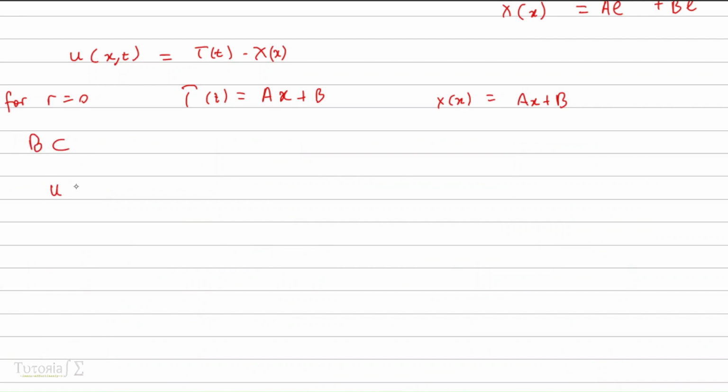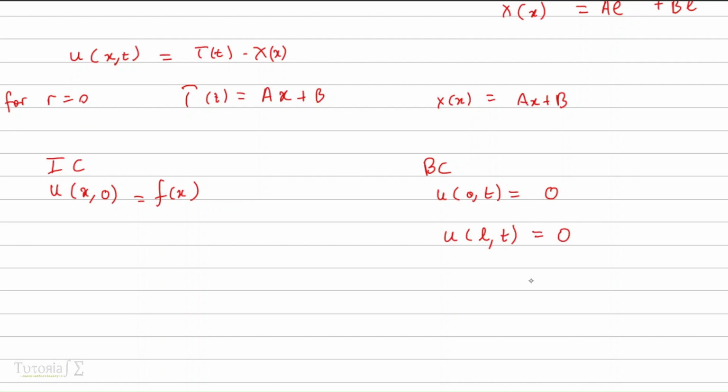For the initial condition, we have u of x comma 0 is equal to f of x. So this is the initial condition, IC, equal to f of x. Then for the boundary, we have u of 0 comma t is equal to u of L comma t. We can break it down like that.